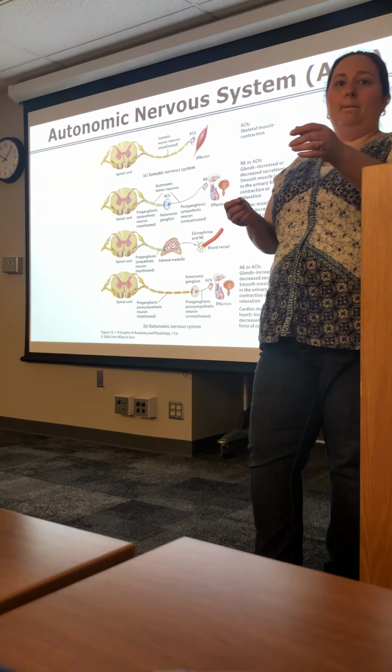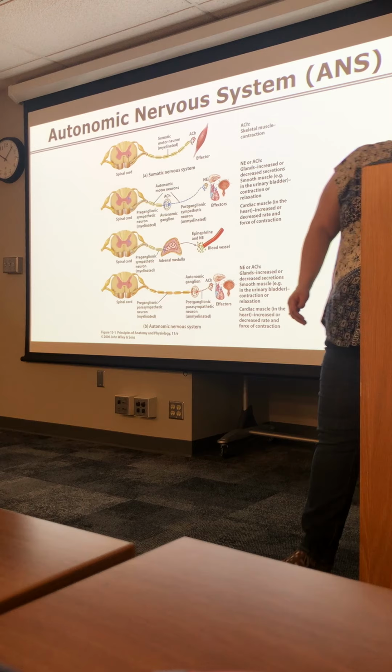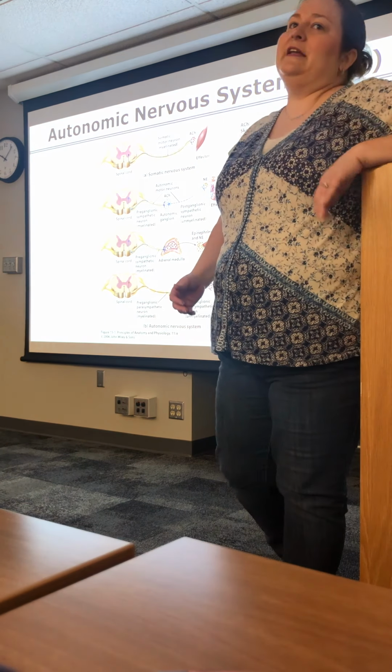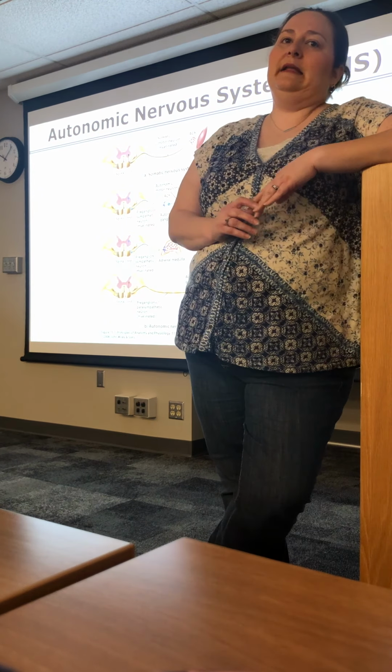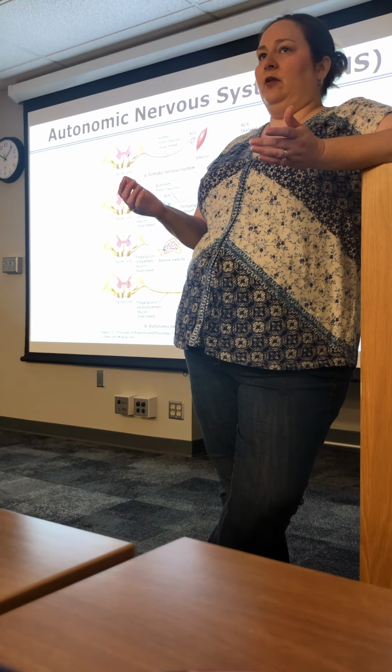I had a question about that because I've always wondered why it's beneficial for the preganglionic fibers of the sympathetic nervous system to be closer to the spinal cord. I don't know what the benefit is. It's just the way that it's laid out. For some reason during embryonic development it developed that way.